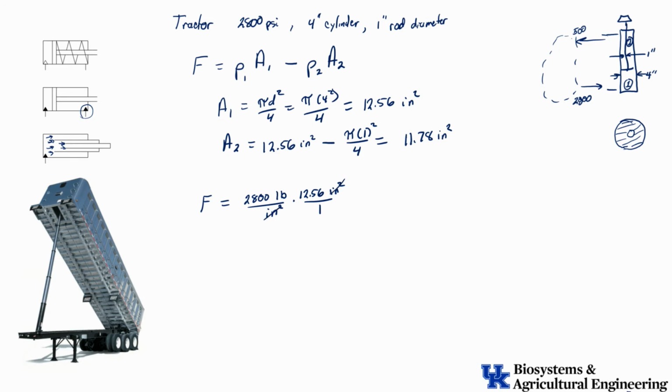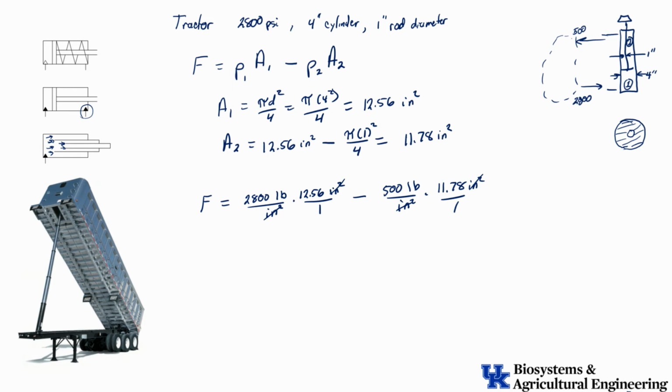So that's what force I have developed by pressure 1 on side 1 of the cylinder to try to extend it. But I have this back pressure on it. So the back pressure is the 500 pounds per square inch times the area 2, the area of the backside, which is smaller. So this is 11.78 square inches. Square inches cancel off. I'm left with pounds, so I'm subtracting pounds from pounds.